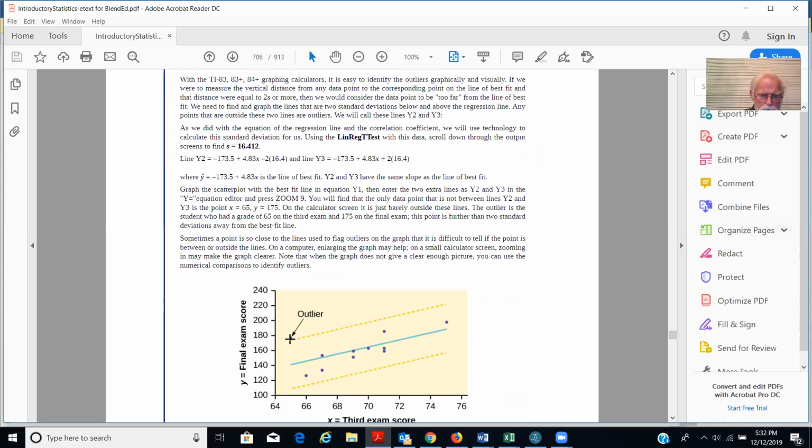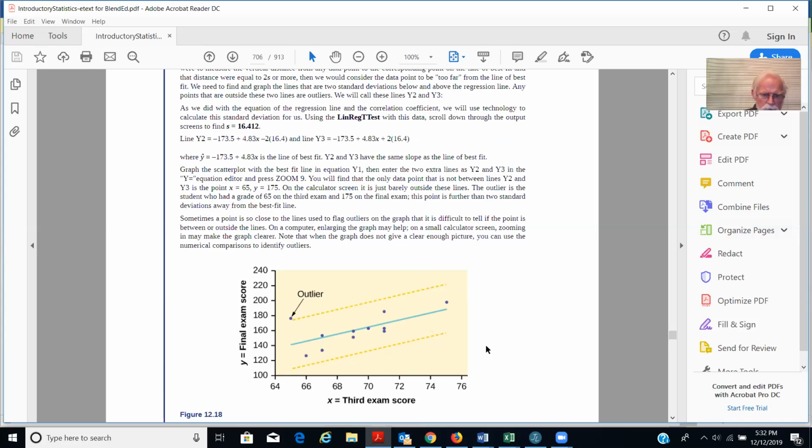The very first data point, the final exam score, was very much higher than the third exam score. In fact, the third exam score was like 64.5, and the final was like 175, or 178. I don't have the data in front of me.